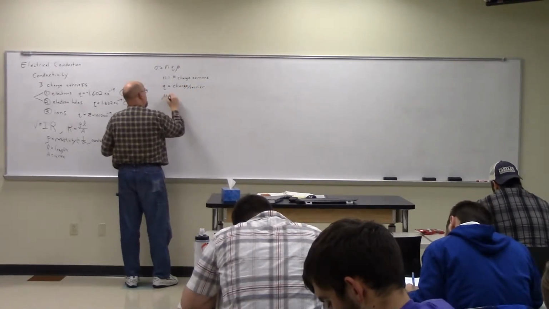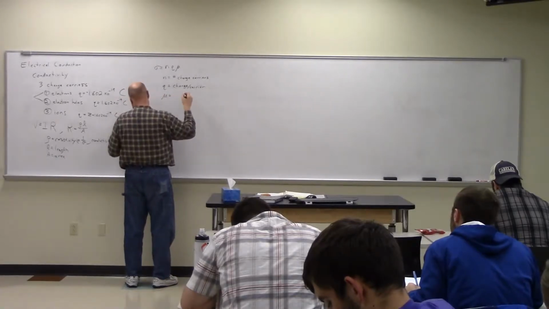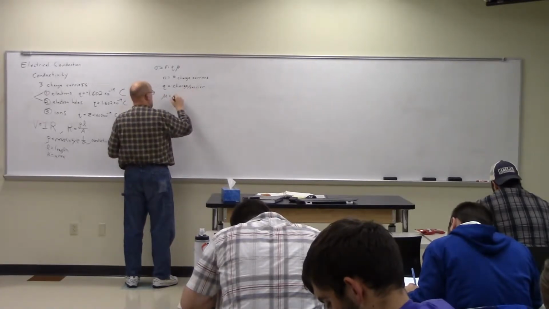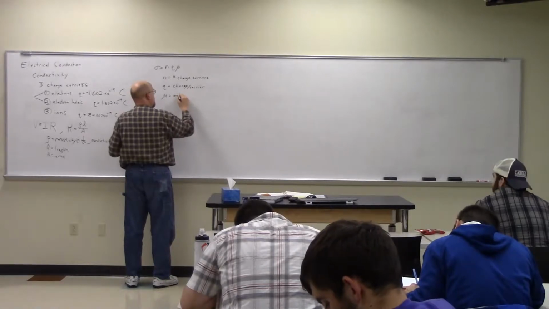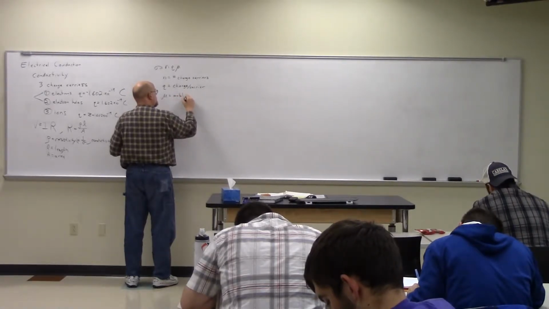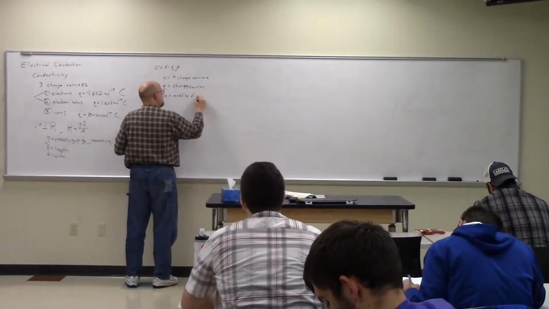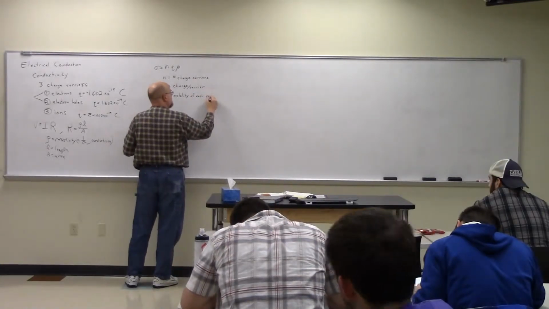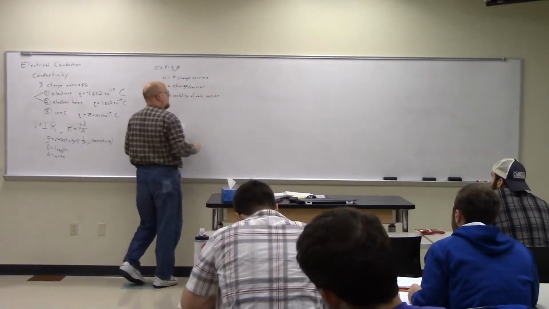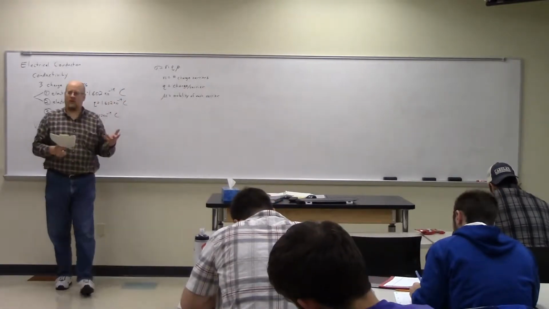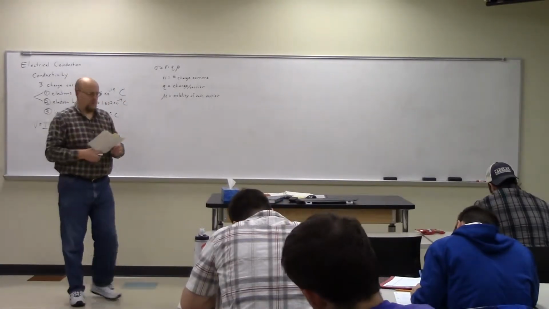And mu is the mobility, the electron or electron hole mobility. So it defines how easily that charge can move through the material.